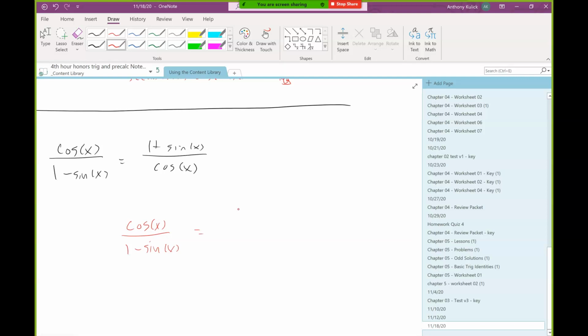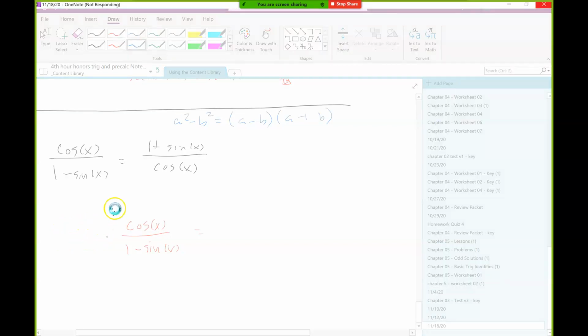Note that 1 minus sine squared is a difference of two squares, because 1 is something squared and sine squared is something squared. So I can create that by multiplying the top and bottom by 1 plus sine x.